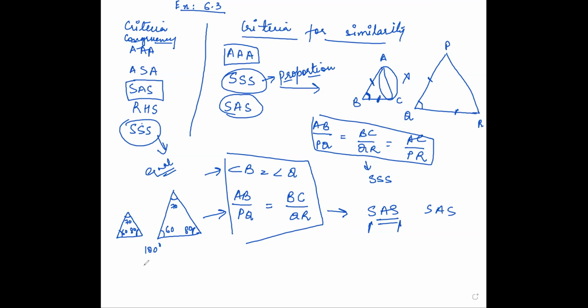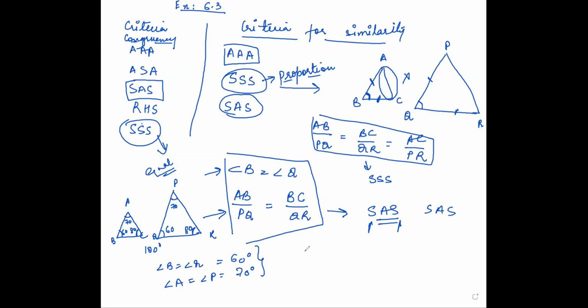So if only two angles are equal, for example, in triangles ABC and PQR, if angle B is equal to angle Q, which is 60 degrees, and angle A is equal to angle P, which is 70 degrees, and only this much is satisfied, then also AAA criteria is fulfilled, because the third angle is going to come out equal, isn't it?